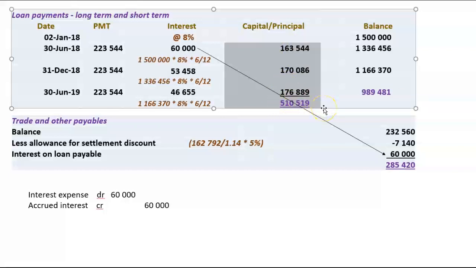So in our statement of financial position, these three payments will then be equal to our short-term portion of our long-term loan. And the long-term portion is going to be equal to 989,481. If I add the 989,481 with a 510,519, I'm going to be back at the total outstanding balance at the end of this year of 1.5 million rand.